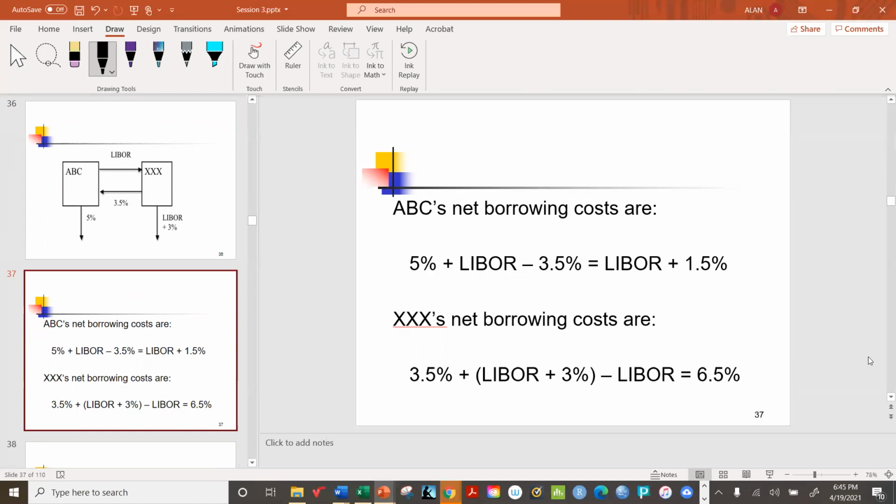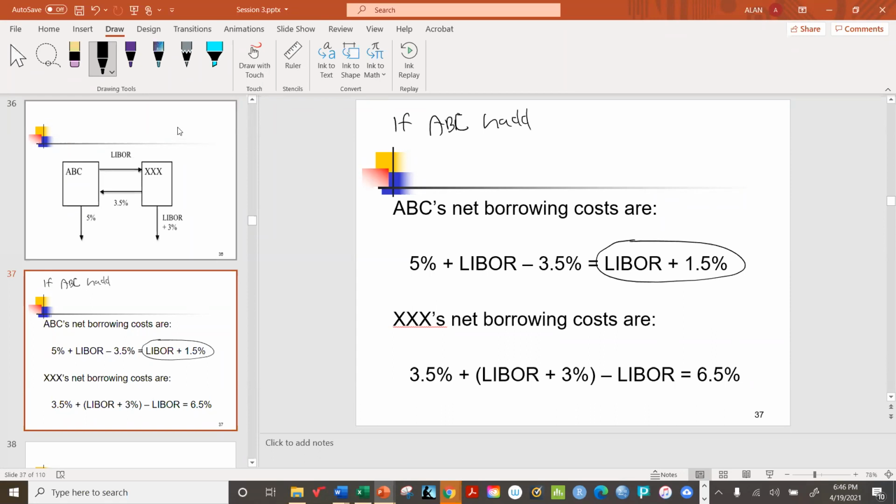So their borrowing costs are LIBOR plus 1.5%. But guess what? It would have cost LIBOR plus 2 if ABC had borrowed in the floating rate market directly.